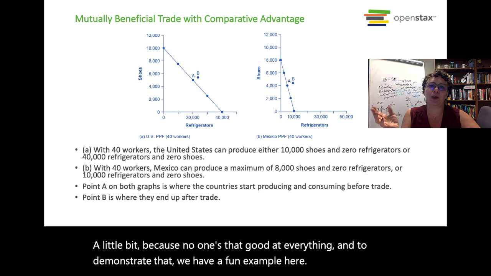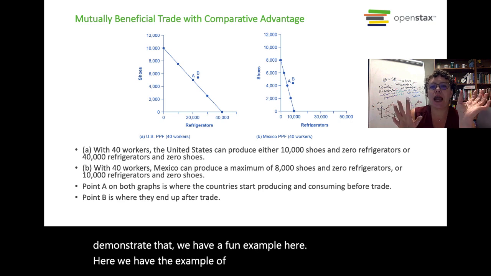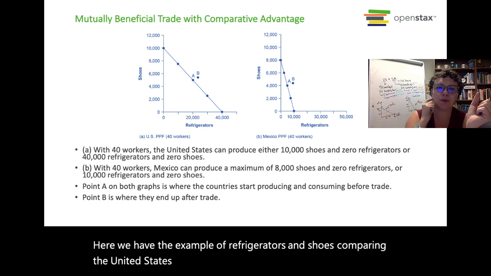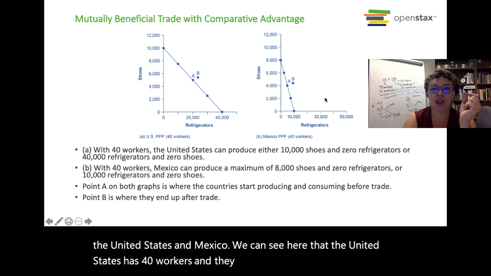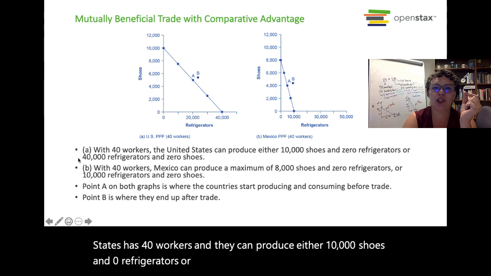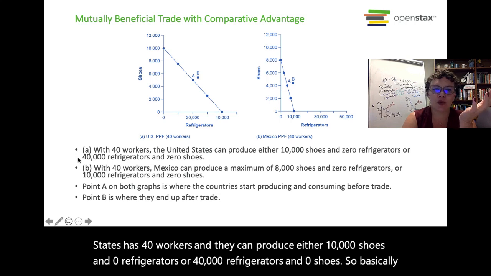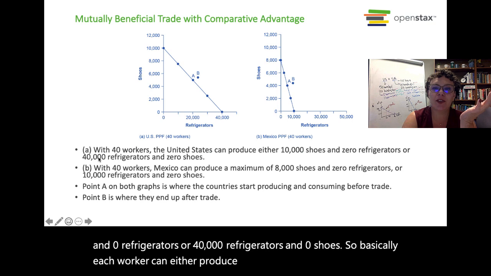Here we have the example of refrigerators and shoes comparing the United States and Mexico. We can see here that the United States has 40 workers and they can produce either 10,000 shoes and 0 refrigerators or 40,000 refrigerators and 0 shoes. So basically each worker can either produce 1,000 refrigerators or the 40 workers can produce 10,000 shoes.